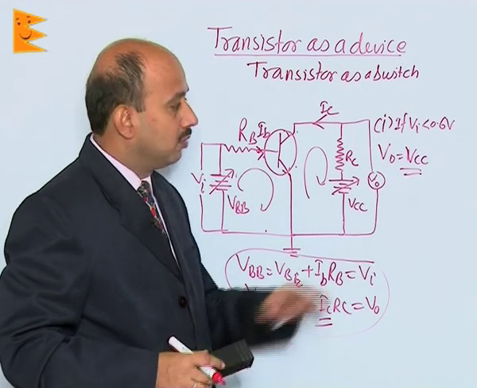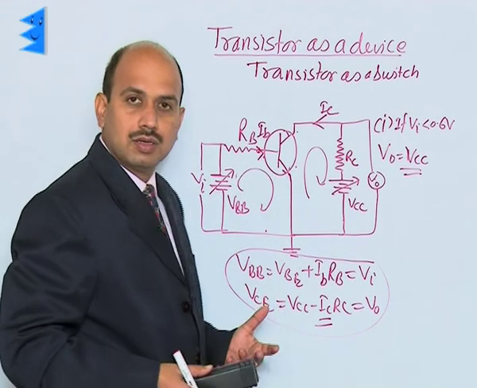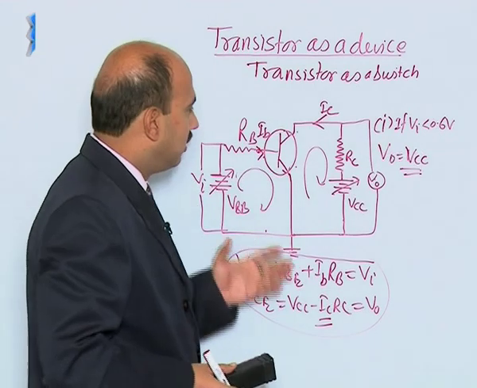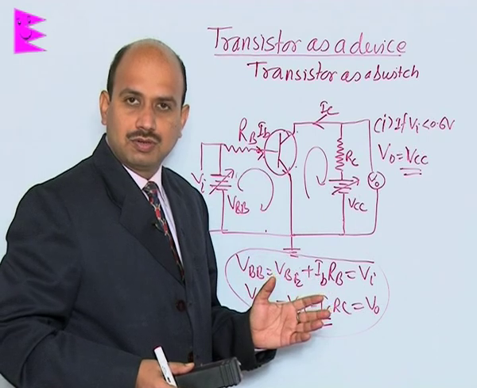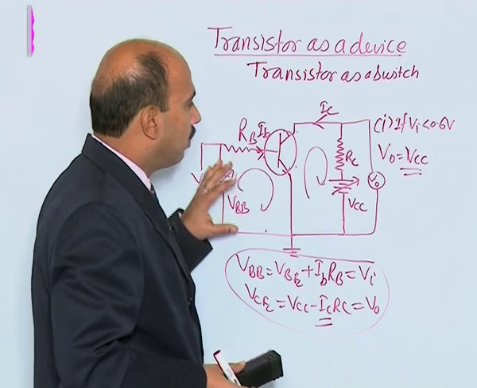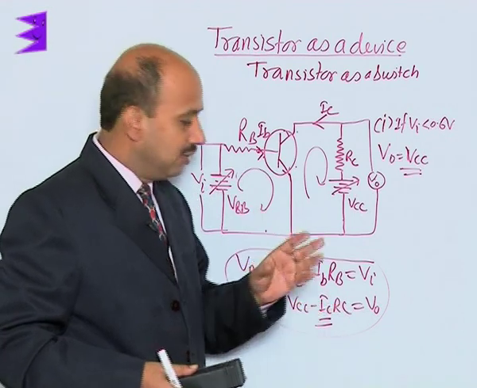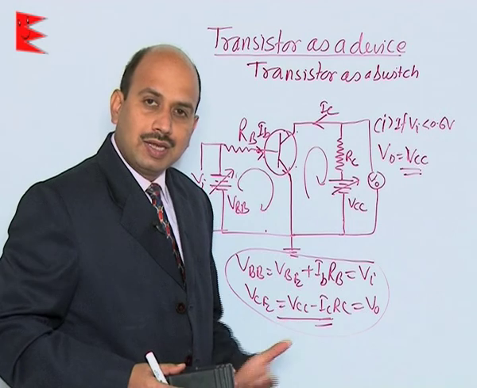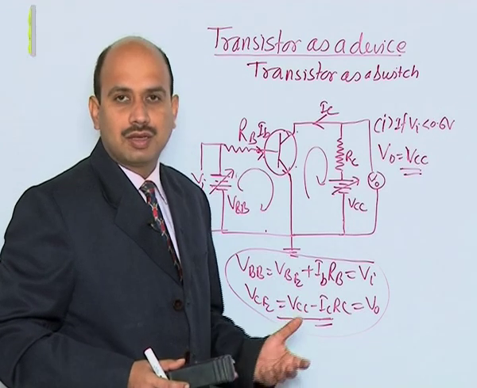So output is maximum. Now if you keep on increasing VI more than 0.6 volt, you will find there is an increase in IB. When IB increases, IE increases, because of the forward biasing of the input side, and as a result IC increases. If IC is increasing, then the output keeps on decreasing. When you keep on increasing the input voltage, you will find there is a decrease in the output voltage linearly.